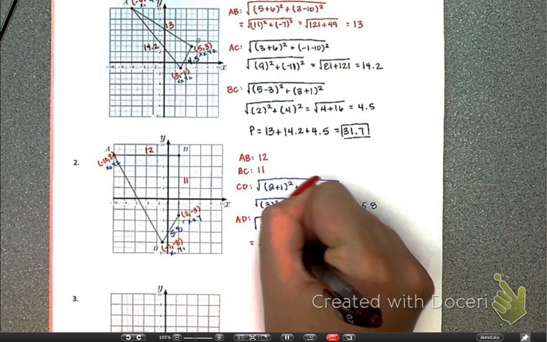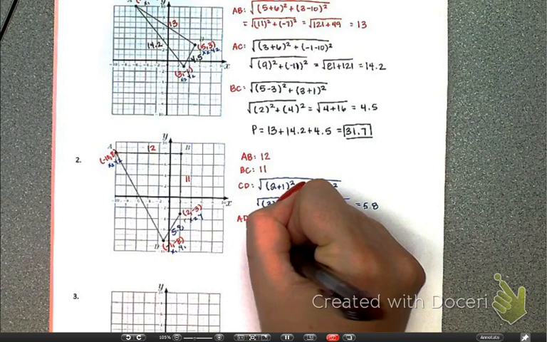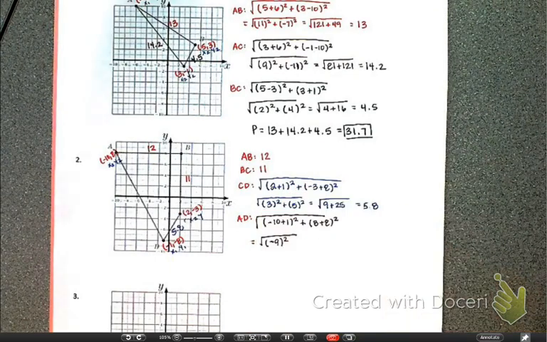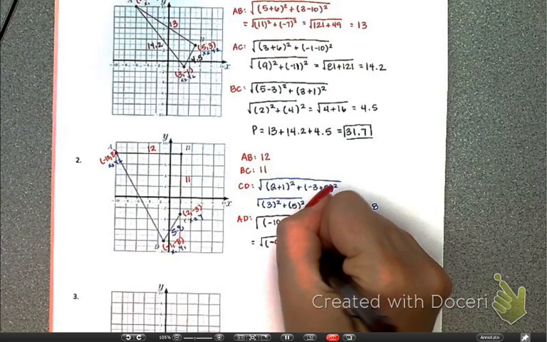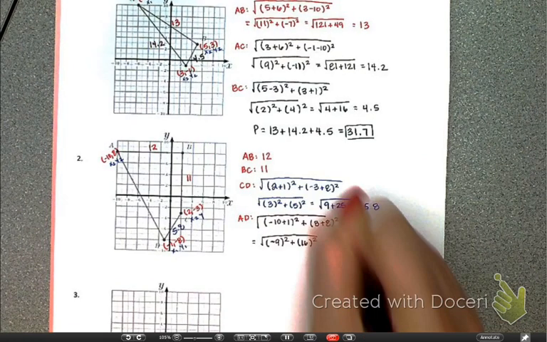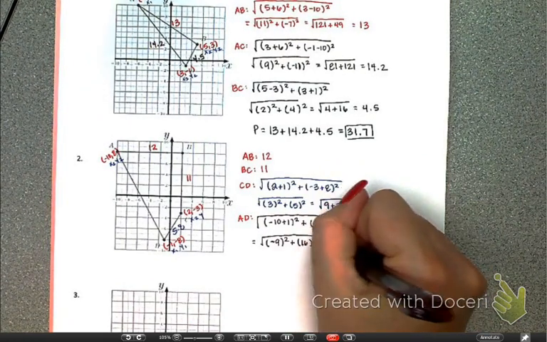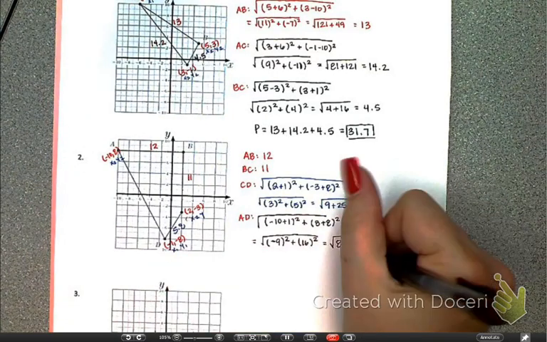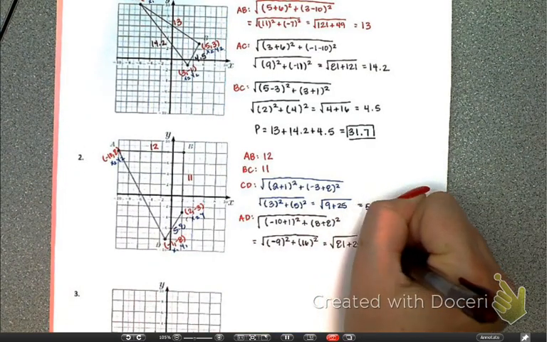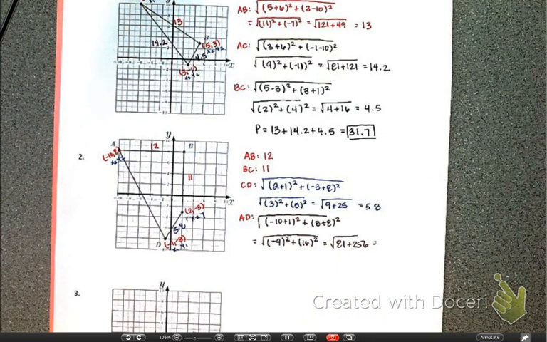So you have negative 9 squared plus 16 squared, which gives you 81 plus 256. So the square root of 81 plus 256 rounds to what? 18.4.